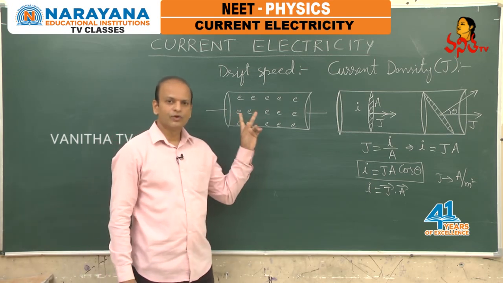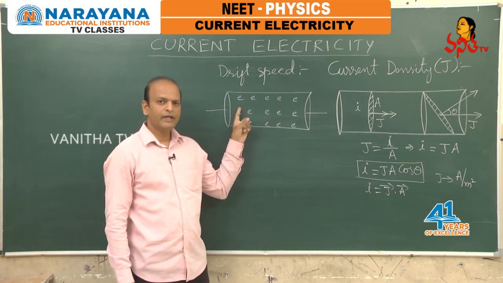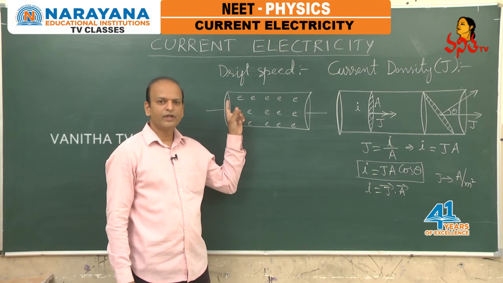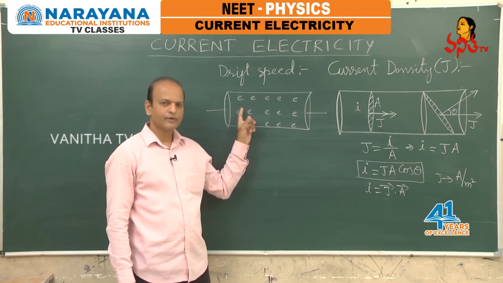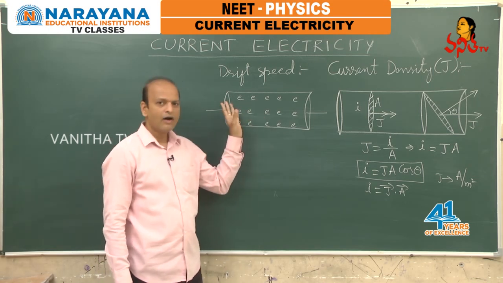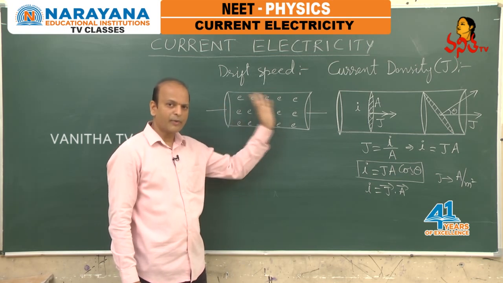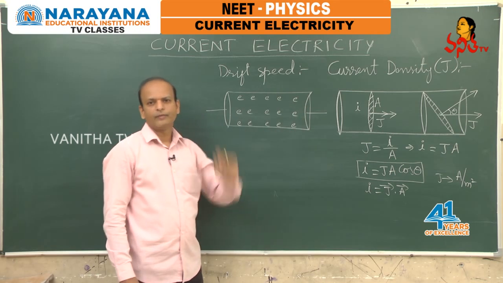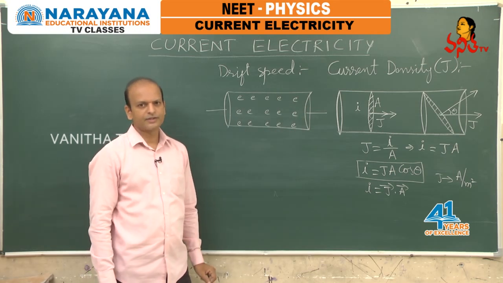Free electrons are those which come out of the atom at any given temperature, and they are free from the nucleus attraction. They are called free electrons. All electrons of the atom will not participate in electricity. Only free electrons will be participating in the current.